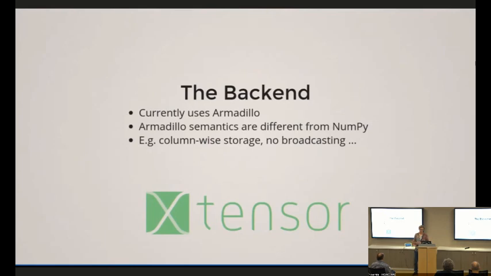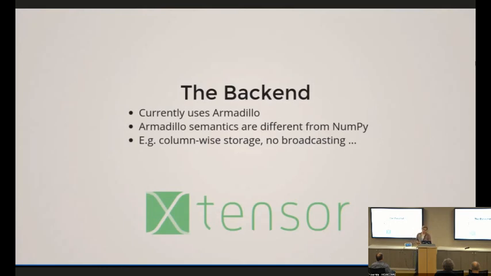You can only have, I think, 3. And it's in column-wise storage and not row-wise like NumPy, and there's no fancy broadcasting that NumPy offers, and some of these things we had to emulate in Jet to some degree, but to some other degree it's kind of impossible to use Armadillo in the fashion that we like to.